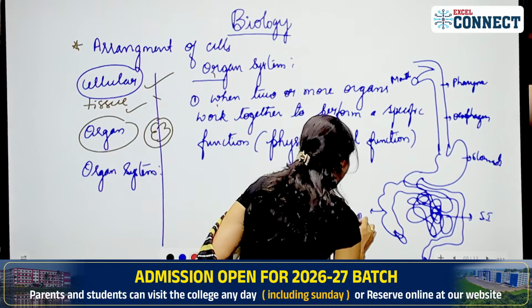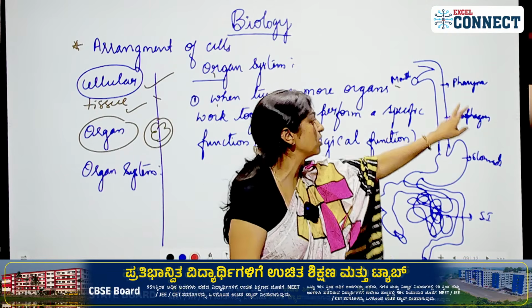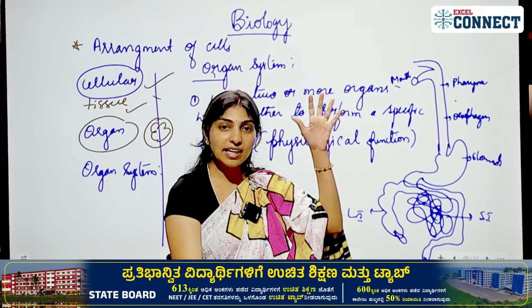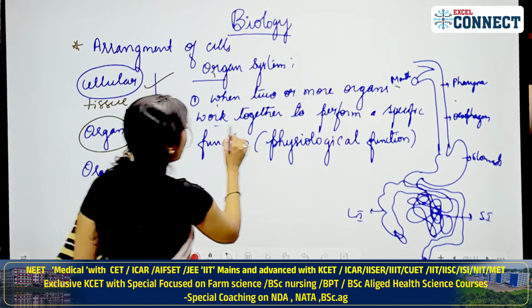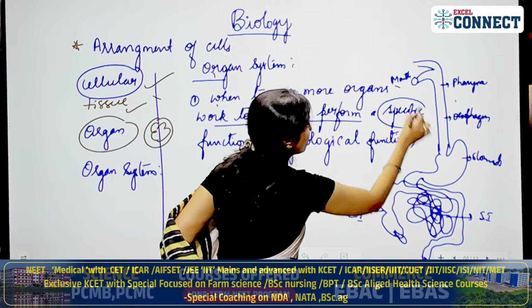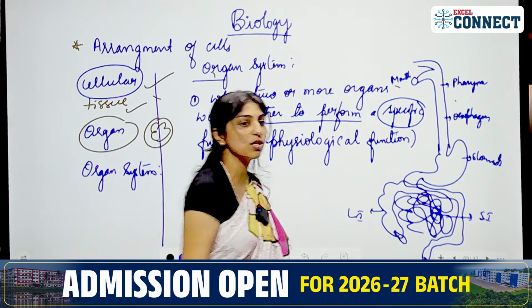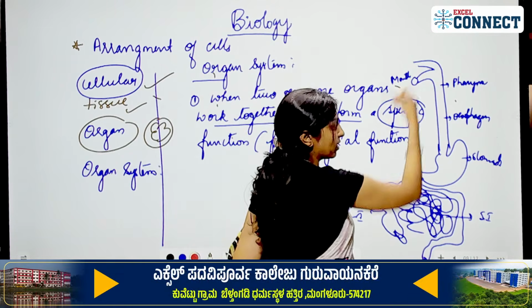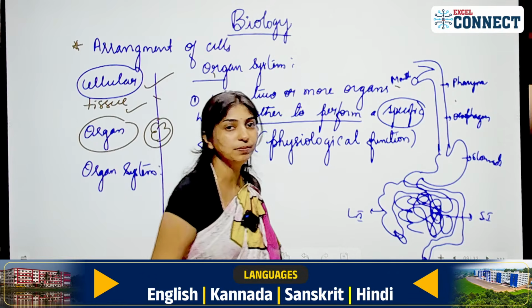So can I say there are two or more organs, mouth, pharynx, esophagus and more, aligned together, working together to perform a specific function. What is the function of this system? If I take this as one organ system, what is the function of this system?